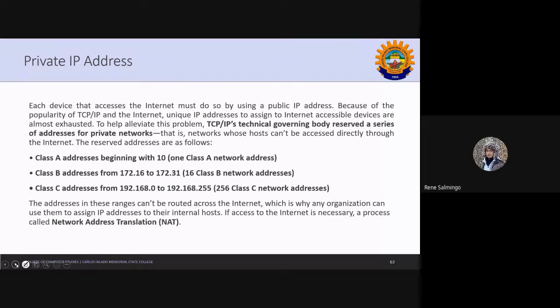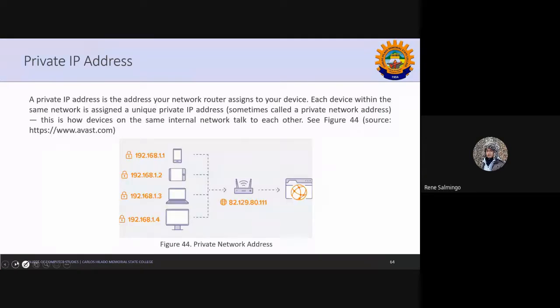These ranges are what we call network address translation, or NAT. And the private IP address is the address that your network router assigns to your device. Each device within the same network is assigned a unique private IP address.